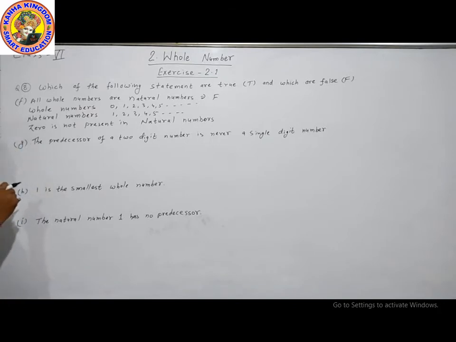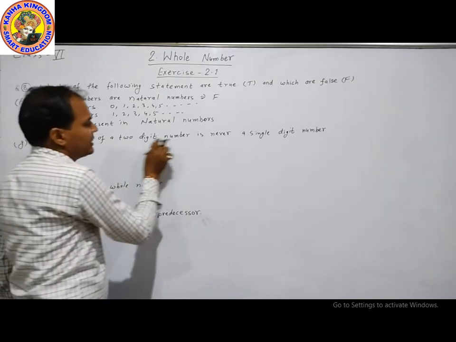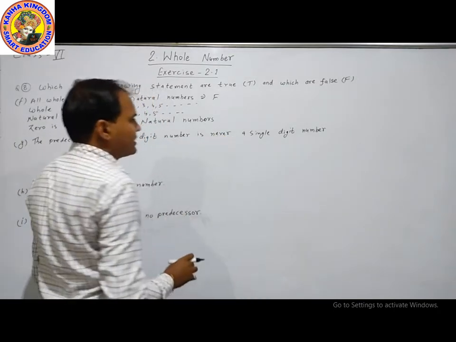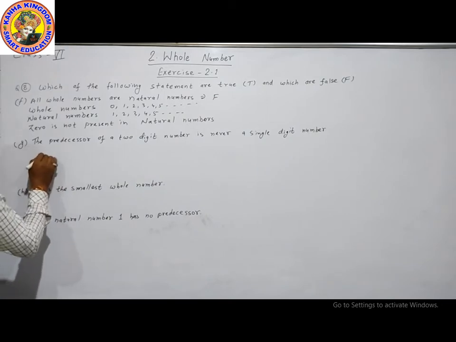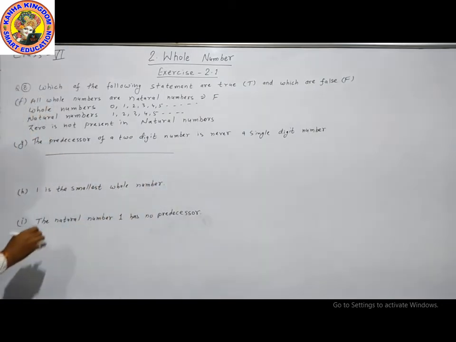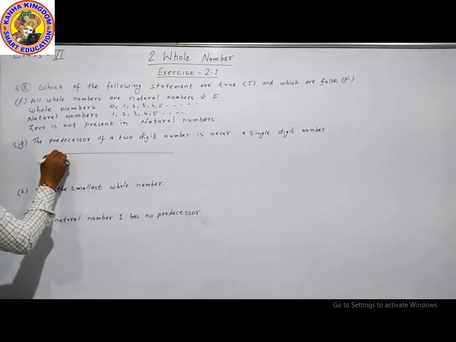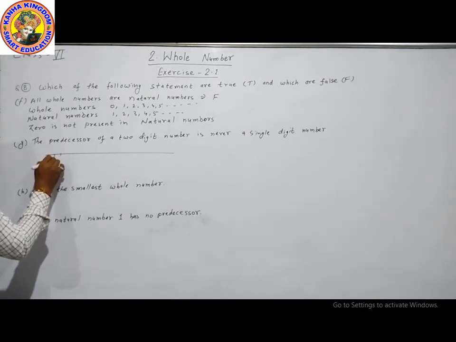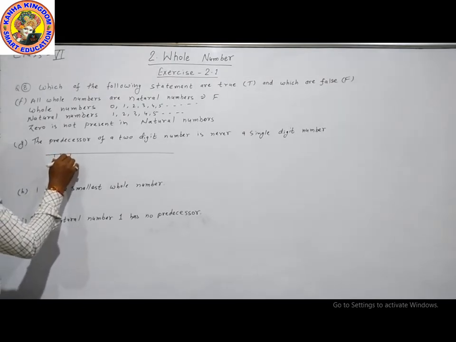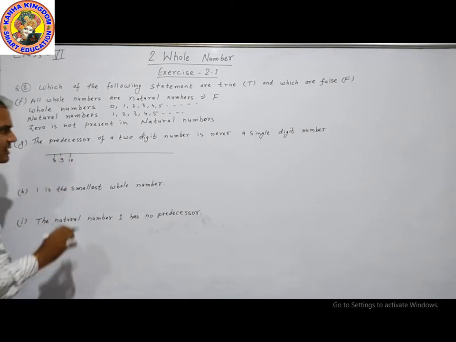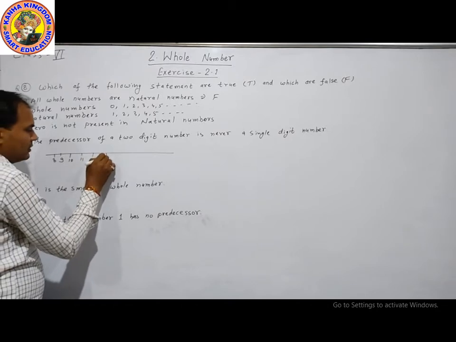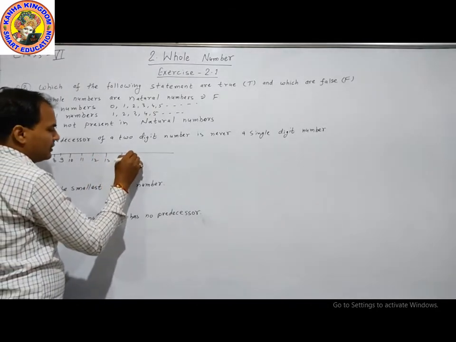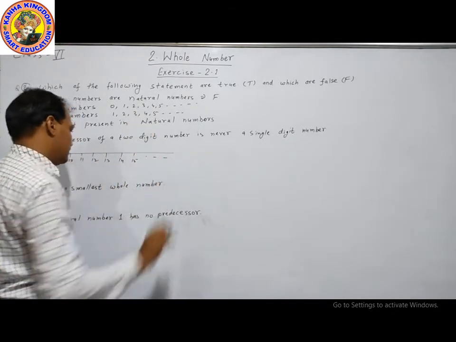Next, the predecessor of a 2-digit number is never a single digit number. Let us take a number line. 8, 9, 10. This is our first 2-digit number. 11, 12, 13, 14, 15 and so on.